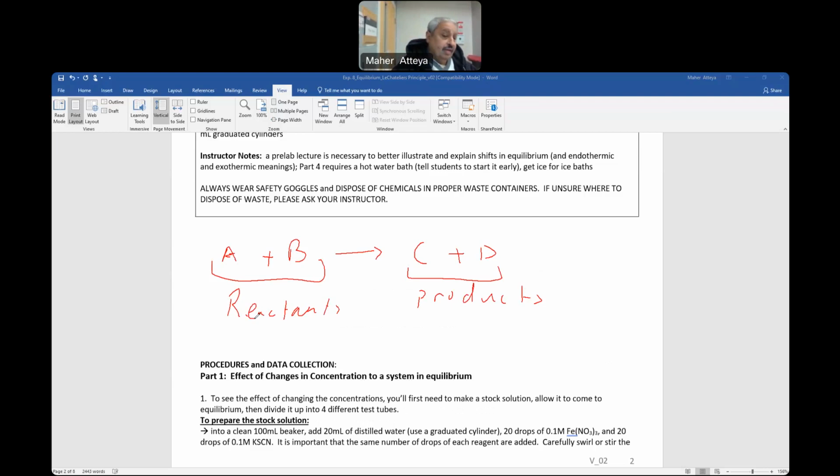Now, this is the rate here, this way, forward. Correct? As soon as those products are produced, they can decompose and produce the reactants back. That's called reverse. So this reaction goes backwards, reverse.